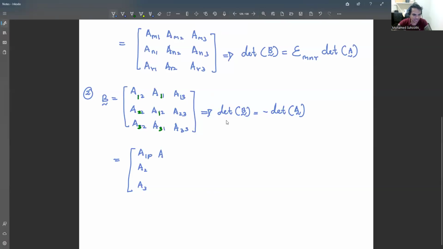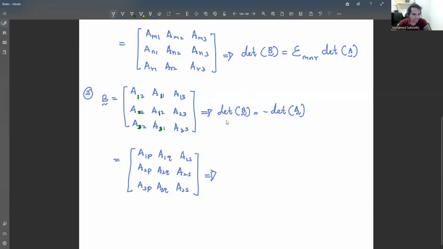I don't use M and R, I'll use different, 1P, 1Q, 1S, so this will be 2P, 2Q, 2S, 3P, 3Q, 3S. Okay.